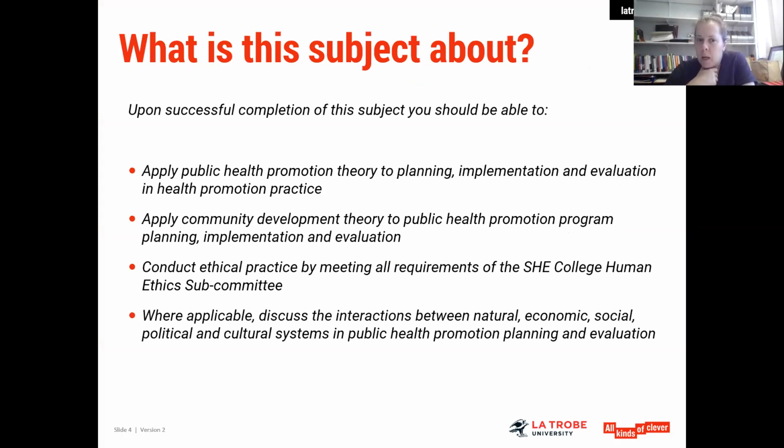You should be able to apply public health promotion theory to planning, implementation and evaluation in health promotion practice. While I know that not all of you are necessarily health promotion students, and that's fine, this is a core subject for those students who are undertaking the health promotion major.